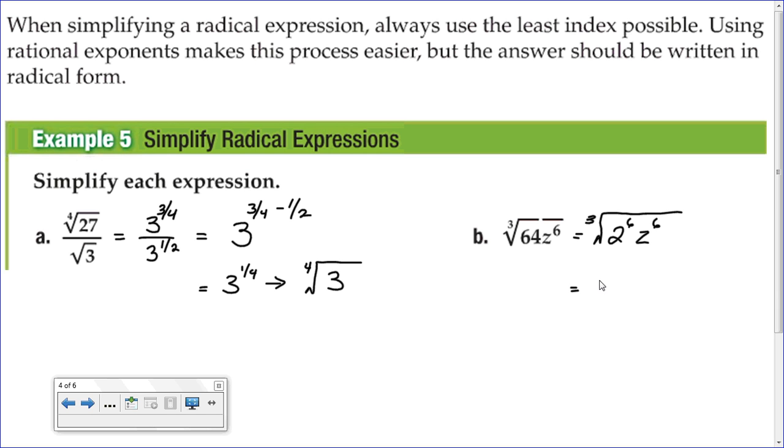Which, translating it, that's going to be 2 to the 6 thirds power, z to the 6 thirds power. 6 thirds is 2, so that's 2 squared, z squared. Now let's go ahead and translate that back into 4. So our final answer on this one is 4z squared. All right? No radicals necessary because we don't have any rational exponents. That's it for today's lesson.